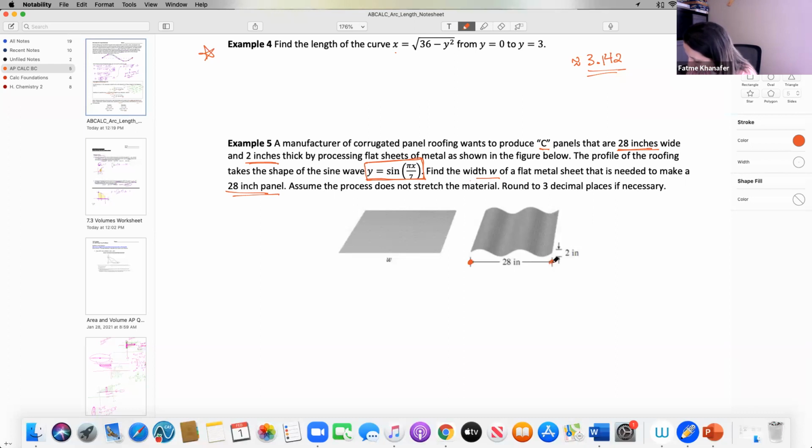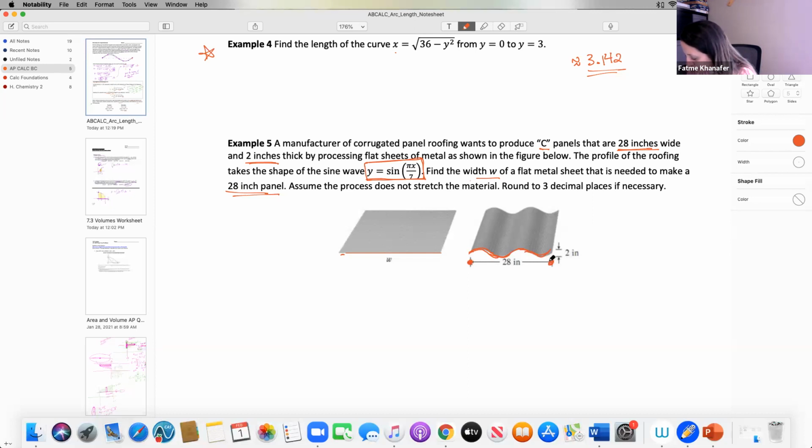All right. So to make 28 inches, the idea is how long does the flat sheet need to be? Which is what we've been doing, right? We want to measure the length completely of this arc.